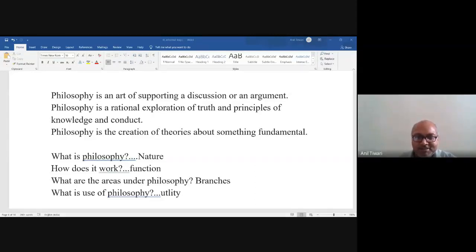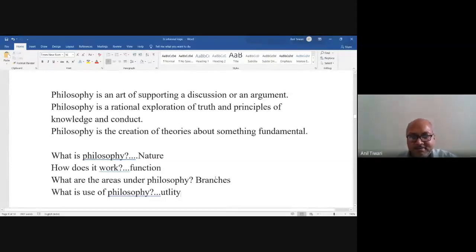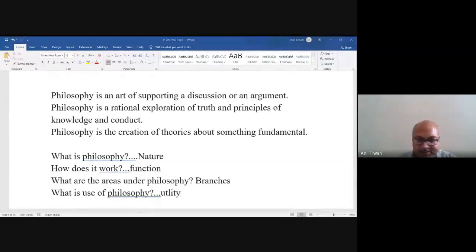Come quickly, volunteer quickly. We will see a definition and point out that this feature or this dimension is highlighted, so you need to put that particular thing in the column below that. You can have, let us say, 4 columns regarding nature, function, branches, and utility. So who will be doing it for me?